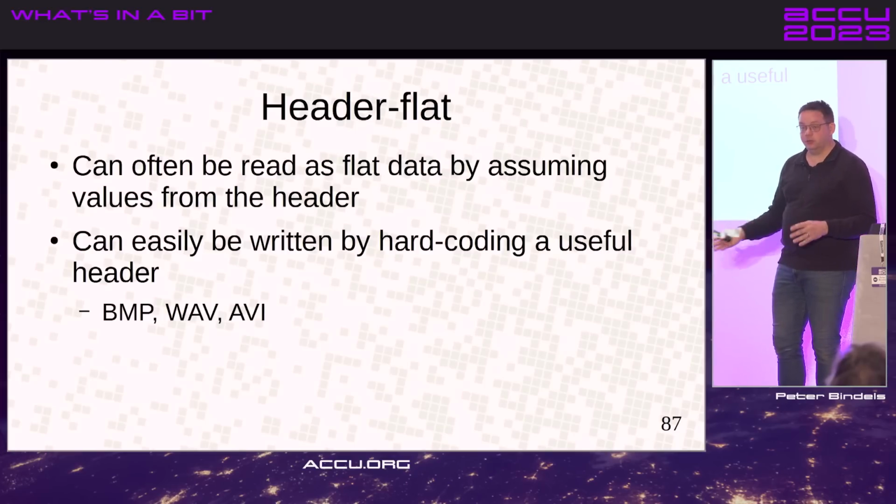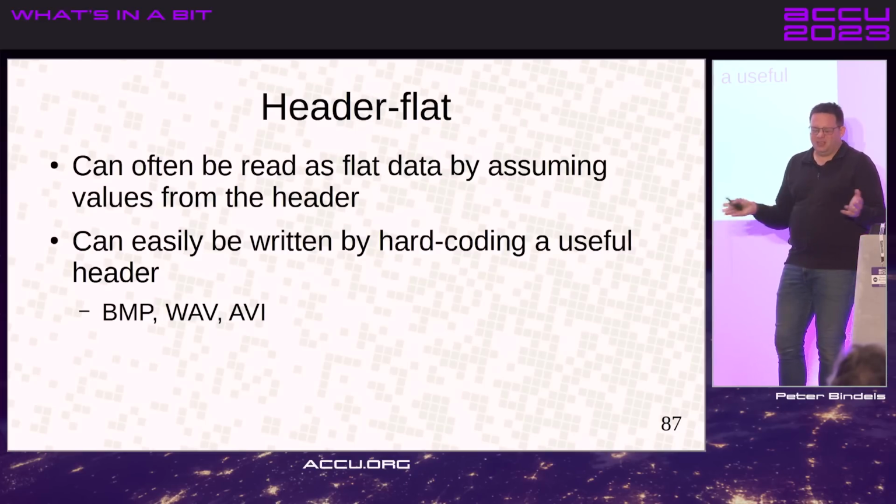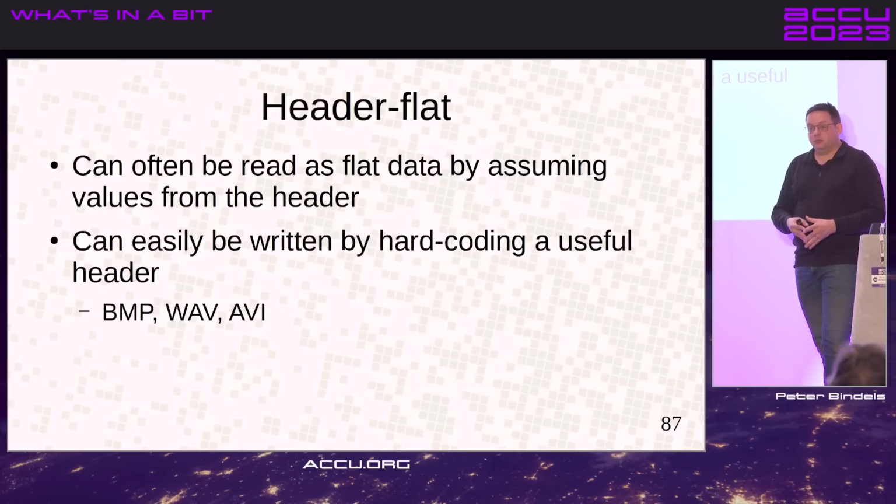Any file playback will just read the header, assume it's going to be some audio, and play it back. Same for a bitmap. It's going to be some bytes, and these bytes are going to represent an image. And as long as you have the same format every time, for example, your game's resolution, making a debug handler that takes a screenshot and dumps it into a bitmap is a really easy thing to write.